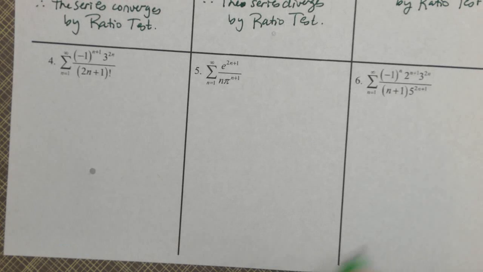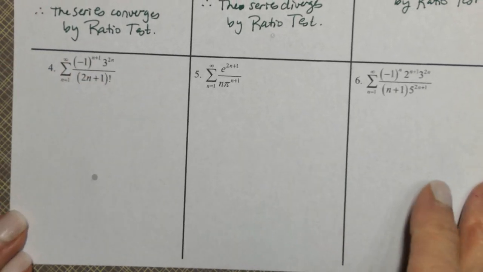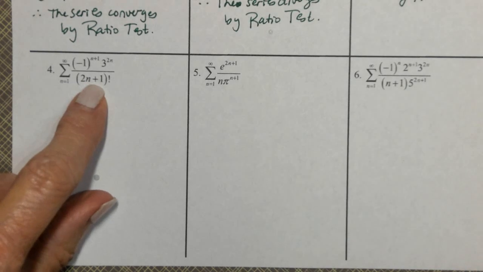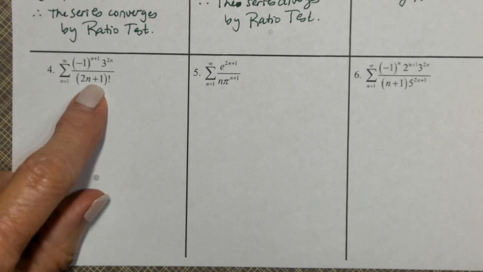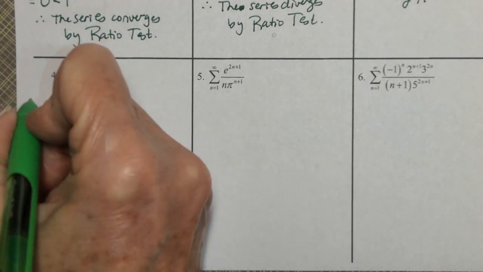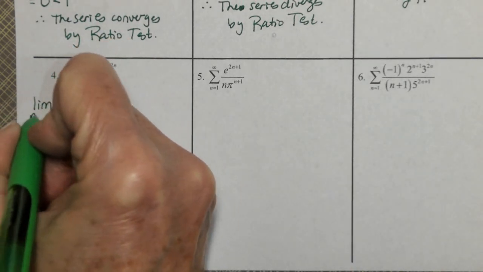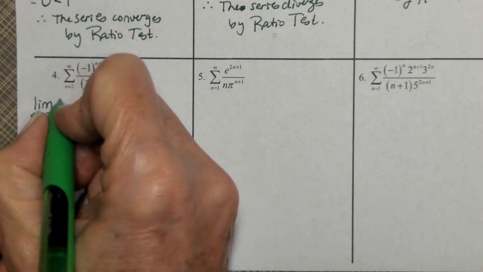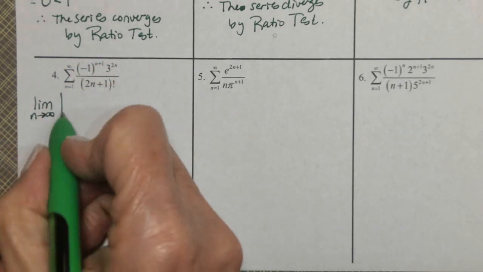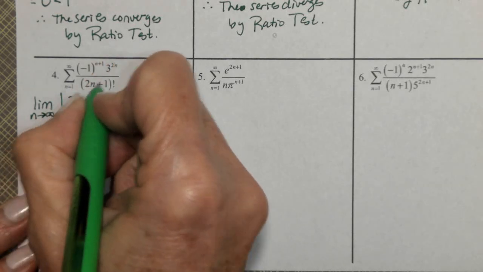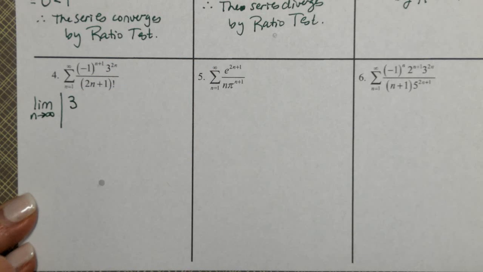Let's do another. Okay, it's a little complicated. I do see a form of Big Mama in the bottom. So since she's in the bottom, I know that this thing is going to converge. We need to prove it. So I'm going to set up the ratio test. The ratio test works really well with factorials. I can ignore this -1 because of my absolute values. And I'm going to have 3 times, and I'm replacing n with n plus 1.